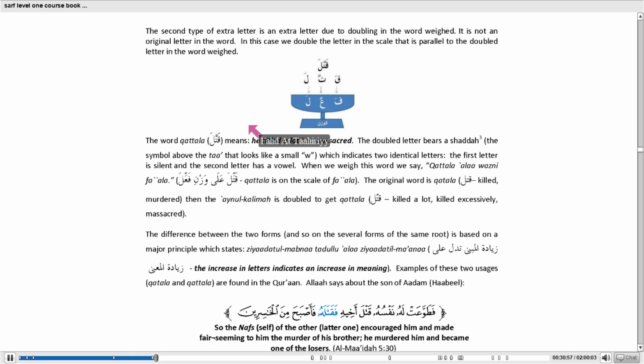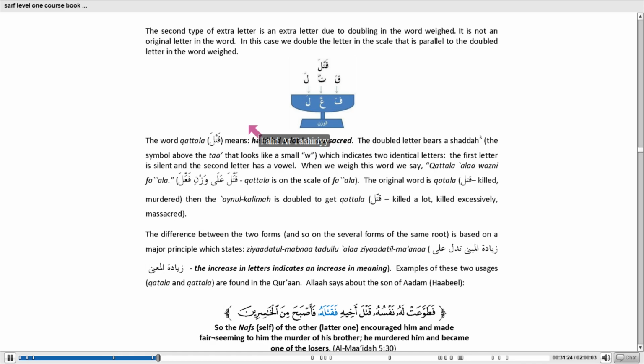It gives another meaning, because I told you, once the form is changed, we get another meaning. We get an extra benefit over the original meaning.